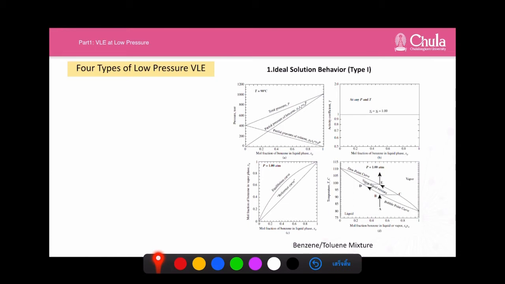And you know that if you perform distillation of this mixture, finally we get pure A and pure B for sure. In this system, pure benzene and pure toluene can be obtained by using the distillation technique.